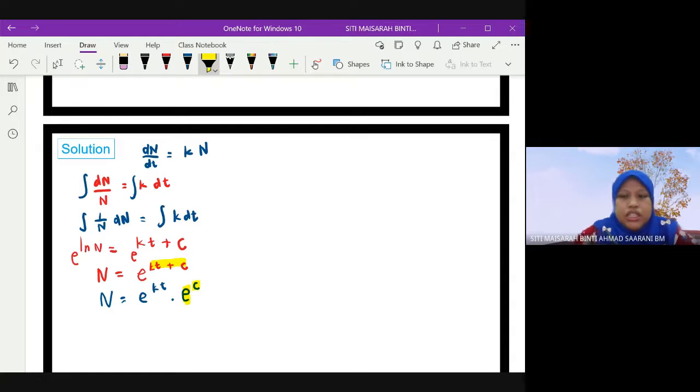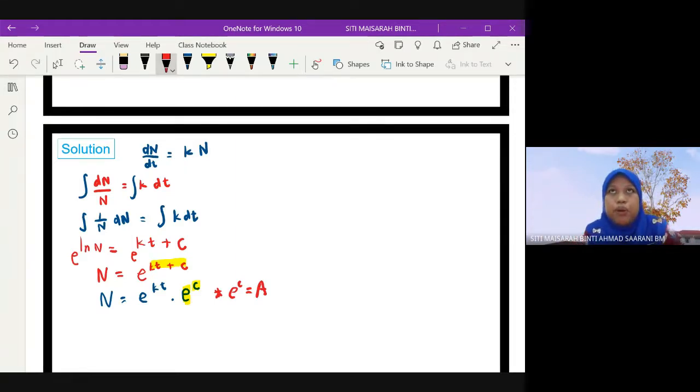So then kita letak E power of C ni. Kalau tengok kat sini, C ni adalah constant. Contohnya apa-apa constant lah. Negatif ke positif ke, decimal ke, fraction ke, tak kisahlah. Tapi bila kita E power constant tersebut, dia akan dapat another constant. So that's why kita boleh representkan E power of C ni as another constant, let's say A. Dia still constant.